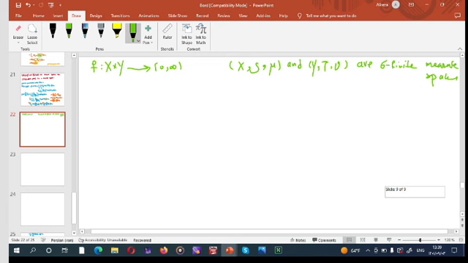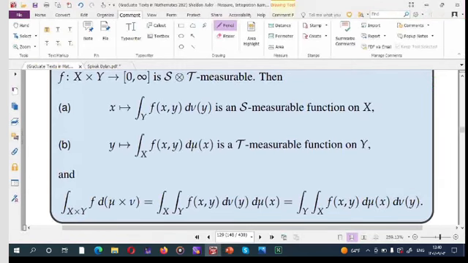then we define two functions. For example, I denote by h and k these two functions.